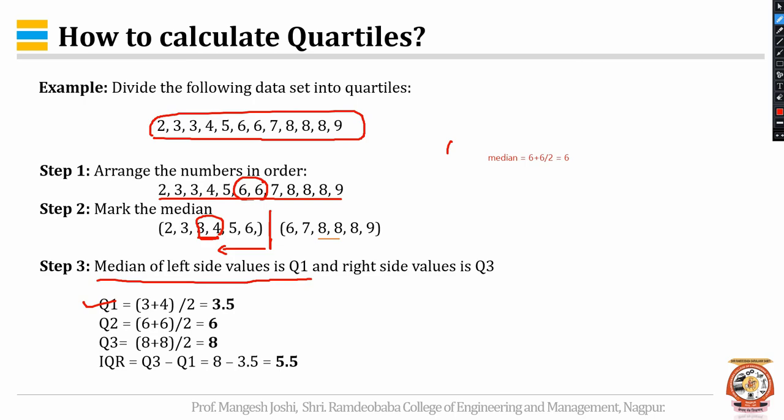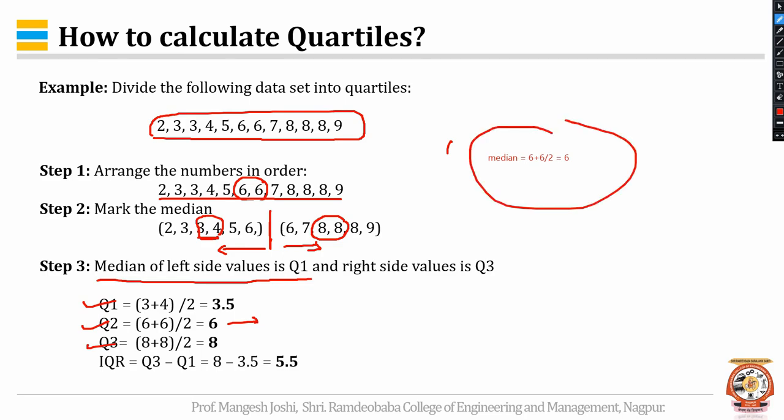What is Q3? The median of the right side values of the separator. Again there are even numbers, so these are the two middle values, and the average of these is 8. So quartile 3 is 8, and the median is Q2. We have already calculated the median, that is 6.